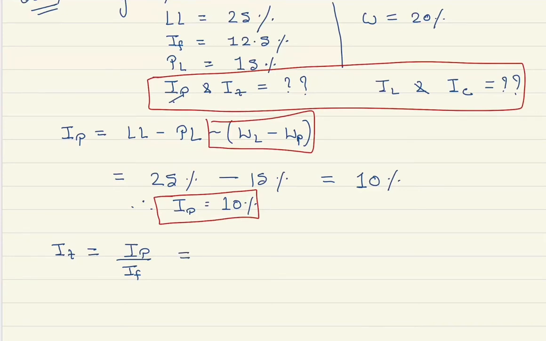What is IP? Has it been given? No, but we have just found it out. So it is 10. What is flow index? It has been given in the question, so it will be 12.5%. So it will be 0.8, or you can also say it is 80%.